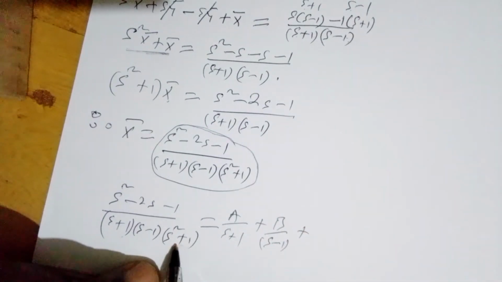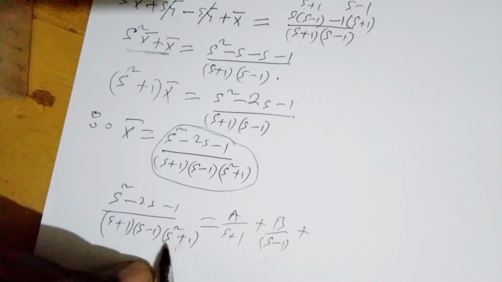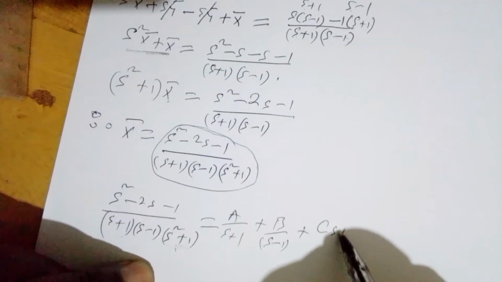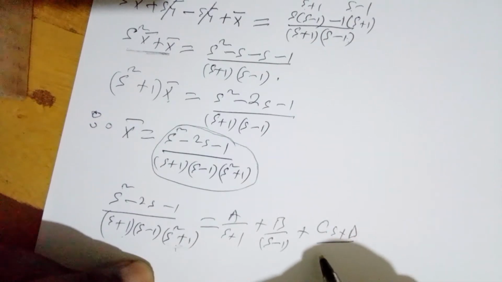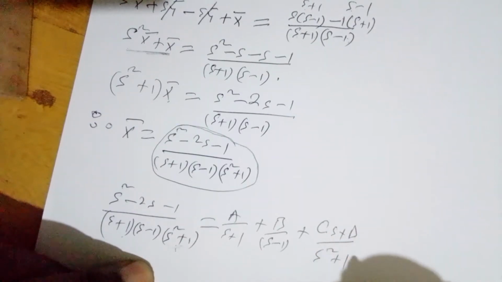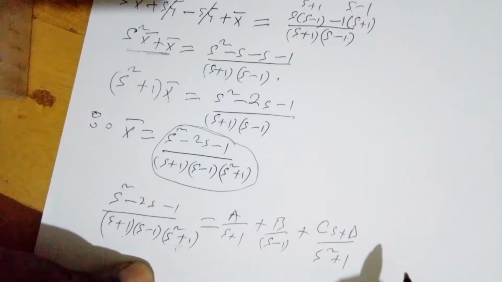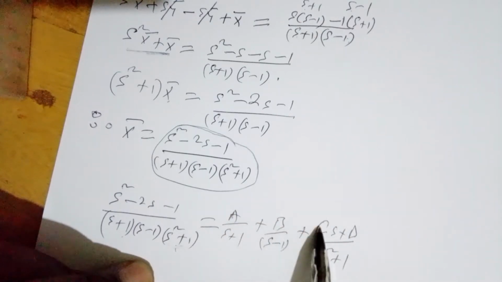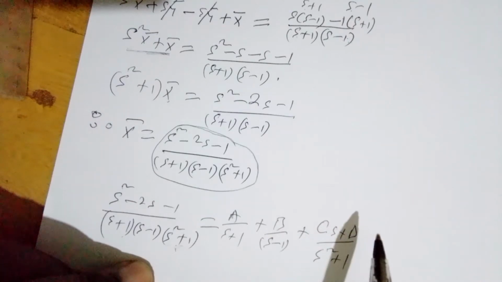Now, s squared plus 1 cannot be factorized into linear factors, so this factor will give a partial fraction of this form: Cs plus D over s squared plus 1. Therefore, we can now move on to calculate the values of A, B, C, and D.